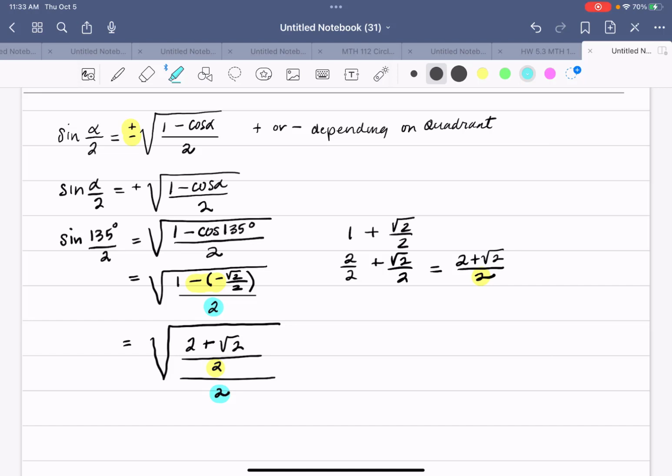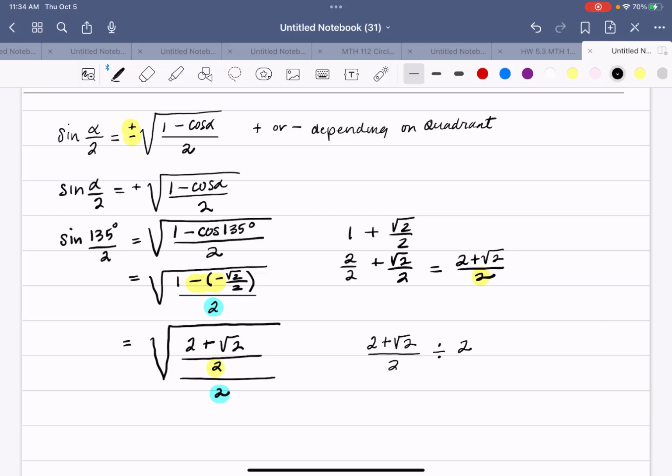So still we have a complex fraction. So let's see what we can do with that 2 in the denominator. So remember, this is 2 plus the square root of 2 over 2 divided by 2. Now be careful.